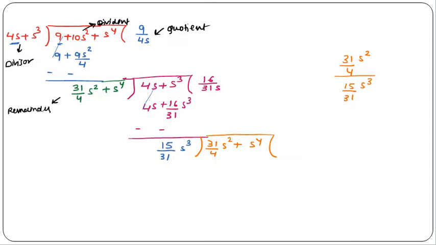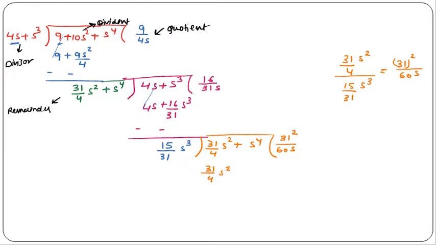This will get cancelled out, so we are getting 31 whole square, 15 into 4 is 60, and s square by s cube is s. So we are getting 31 square by 60 into s. Now let us multiply 15 by 31 into s cube by 31 square by 60 into s square. So 31 will get cancelled out, and this will give 31 by 4 into s square.